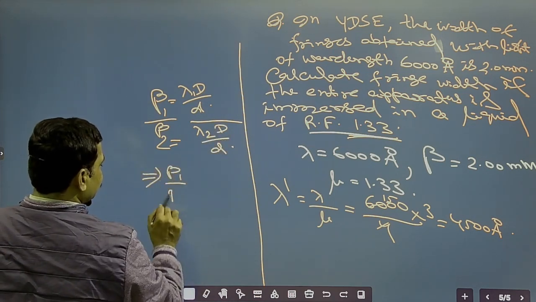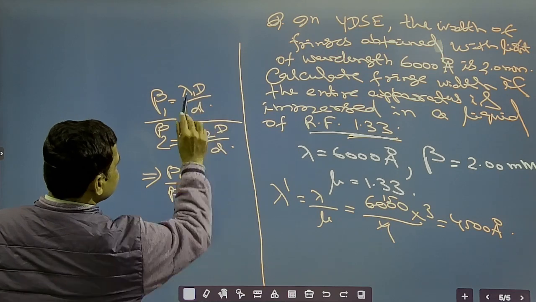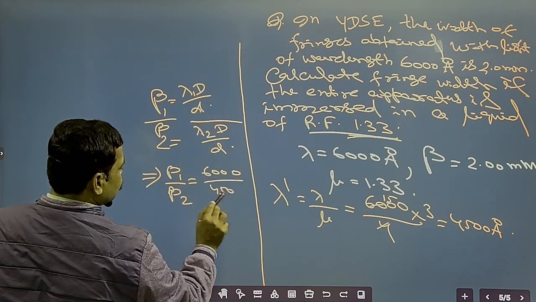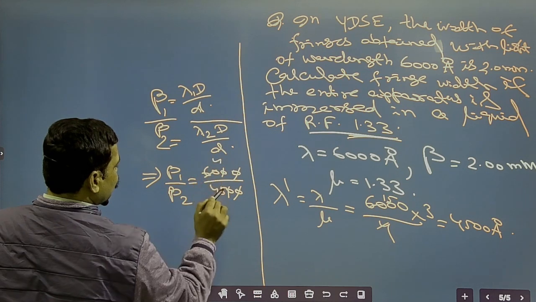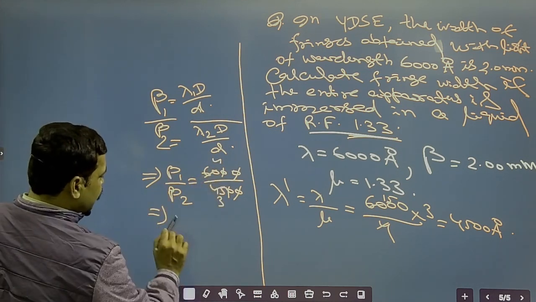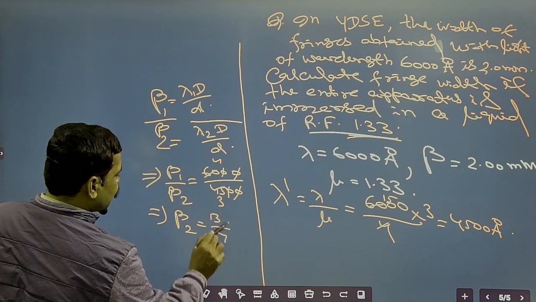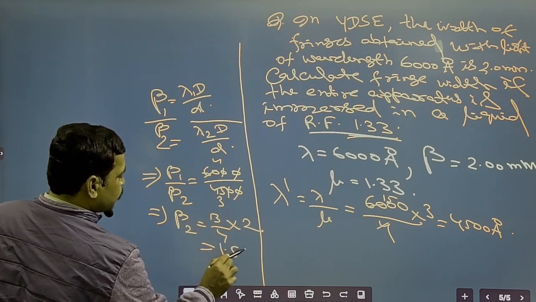Beta 1 is 2 mm, so beta 2 will be 3 by 4 into 2, which comes as 1.5 mm.